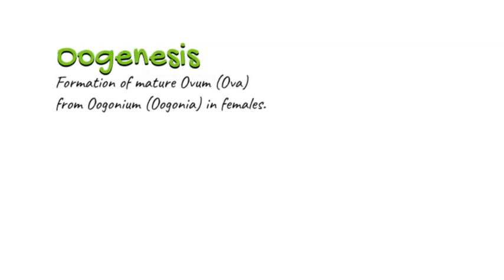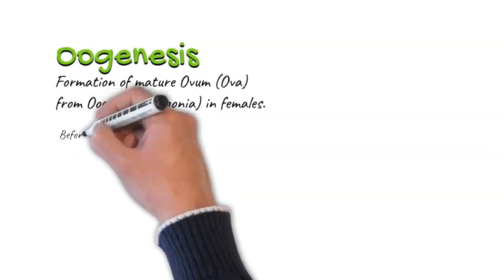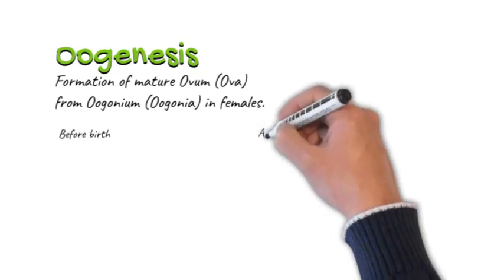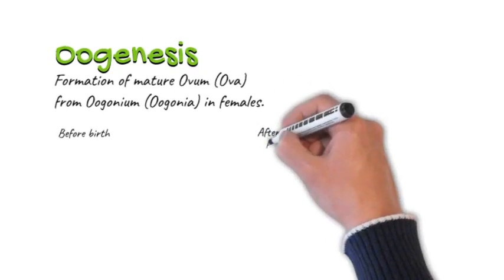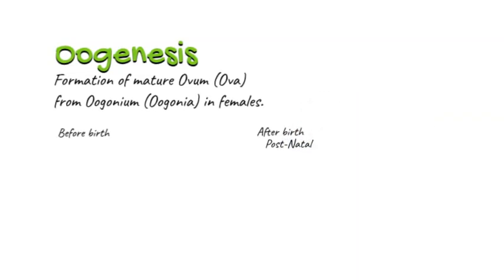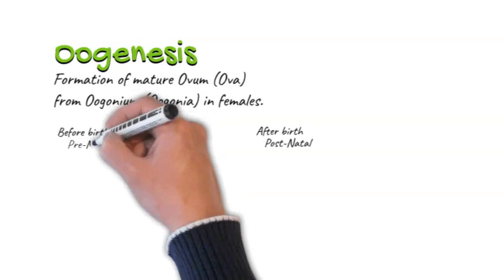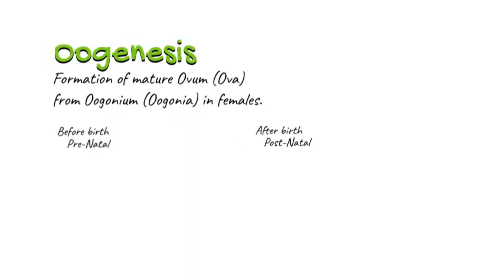This happens in two different parts. It happens before birth and after birth. So that's called prenatal development, and after birth or postnatal development. So oogenesis starts in prenatal life.